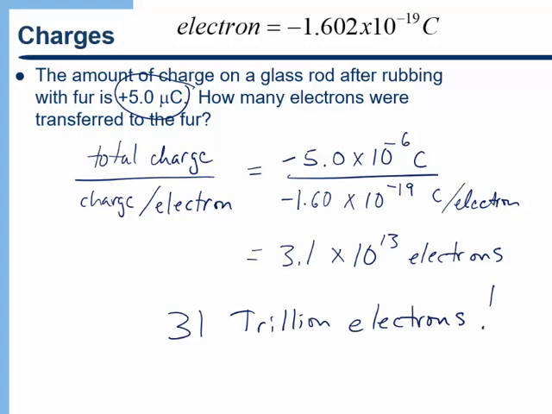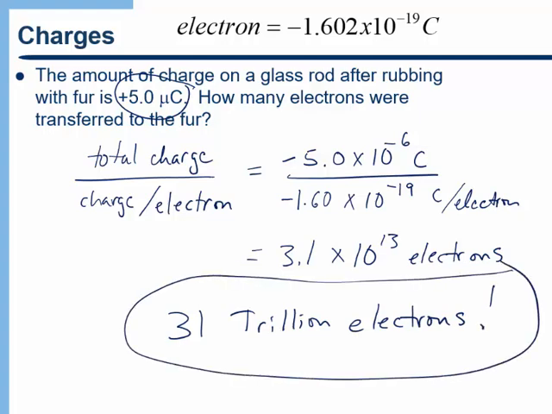So just doing something simple like taking a piece of fur and rubbing it on a glass rod, you are transferring an incredible number of electrons. And that's why, in general, when we're dealing with electricity, even though charge is quantized, we don't see that very much because there's so many charges involved in everyday situations.